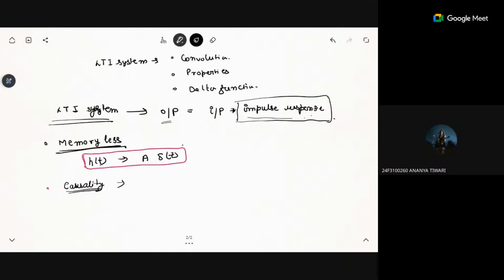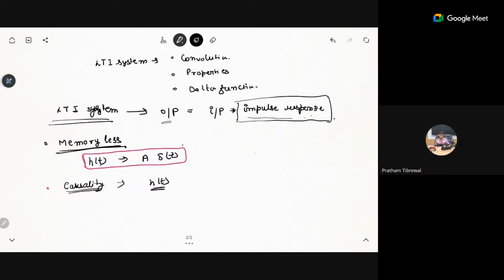Now, based on the impulse response, what characteristics should it have to make it a causal LTI system? Delta(t) minus t0 means the minus shifting could be there, but we cannot consider the plus shifting, not the future shiftings.